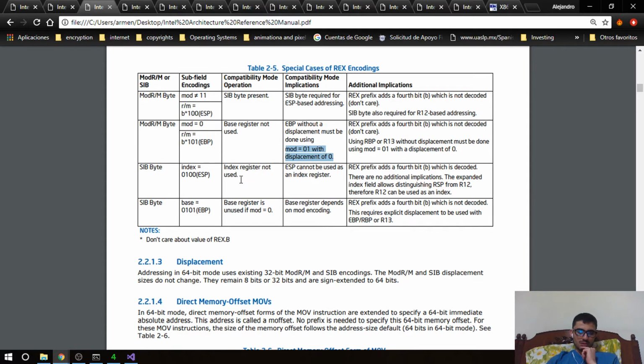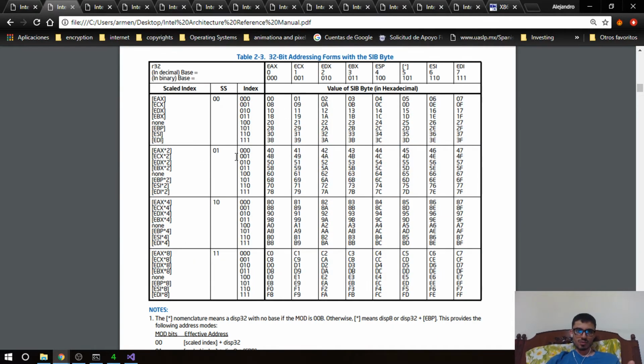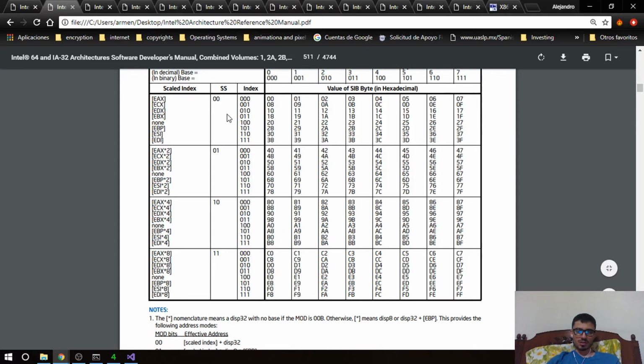Index register not used. Then the ESP cannot be used as an index register. That's true. ESP cannot be used as an index register.